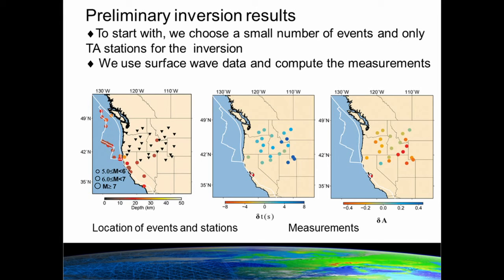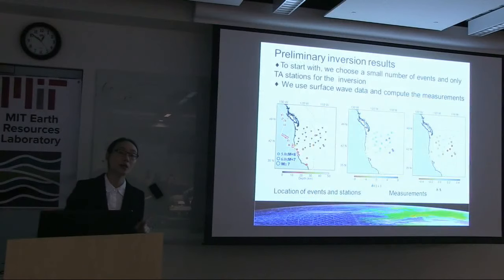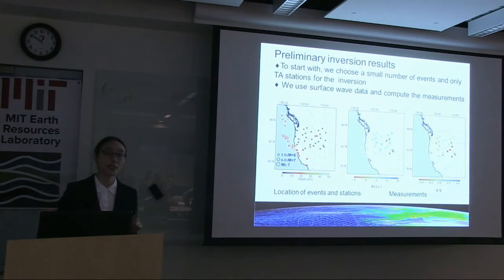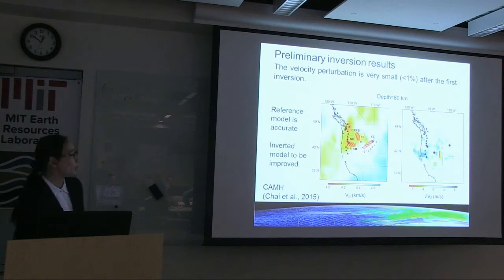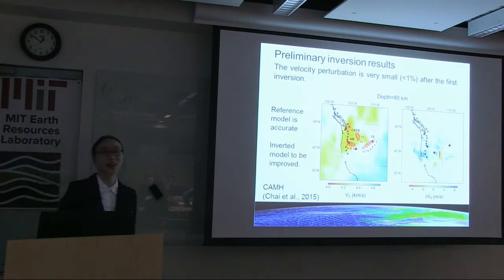If you assume a source to receiver distance of 10 degrees and a reference velocity of 4 kilometers per second, that will give you a velocity perturbation of about 1%. But during the inversion, we did notice very small velocity perturbations, much less than 1%. We don't know the exact reason, and more research needs to be done.